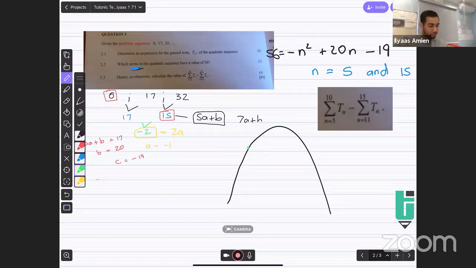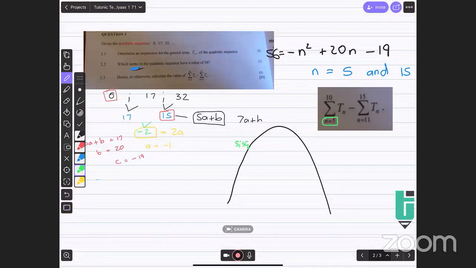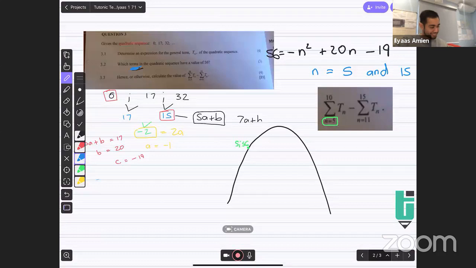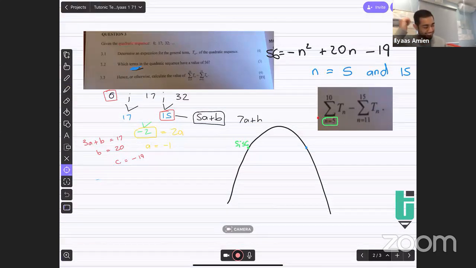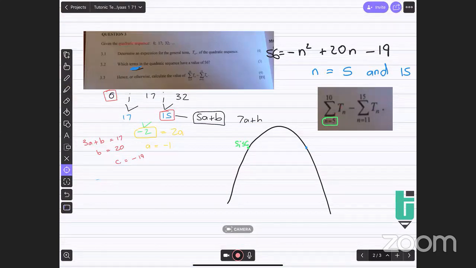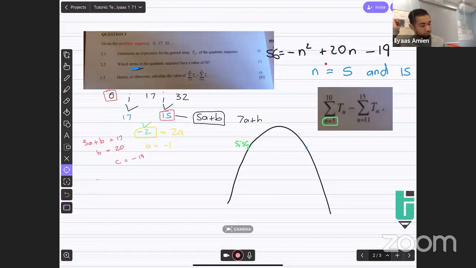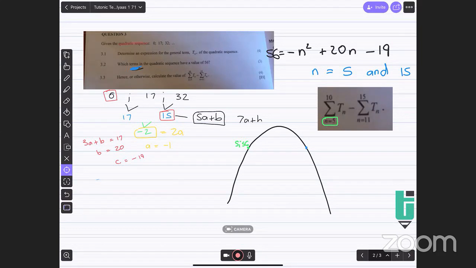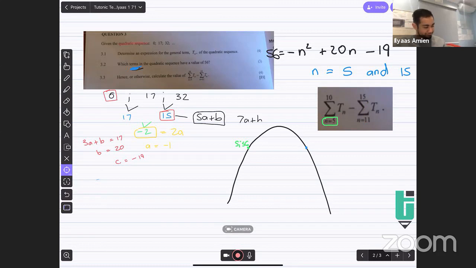No, because this is only when n equals 5 that it starts. But you are onto something, and this is why I was so excited. So you're summing up this quadratic formula from when n is 5 up to when n is 10. And then they want you to sum up from when n is 11 to when n is 15.